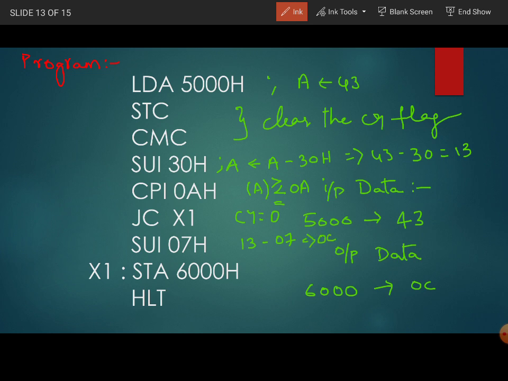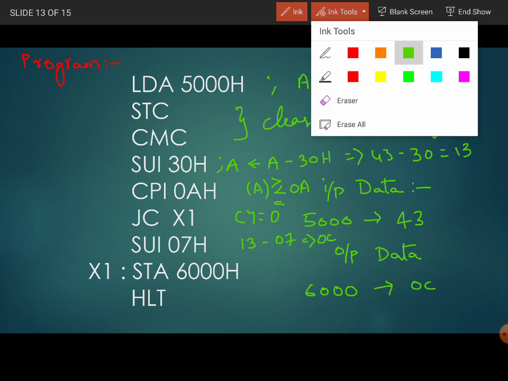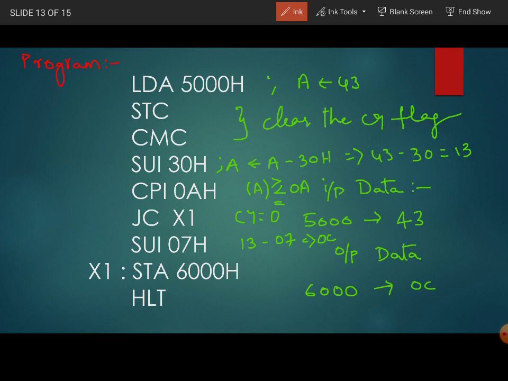0C. STA 6000 means the content of accumulator. What is the content of accumulator? 0C will be stored in the memory location 6000. Terminate the program. So this is how we convert given ASCII value to the corresponding binary or hexadecimal.